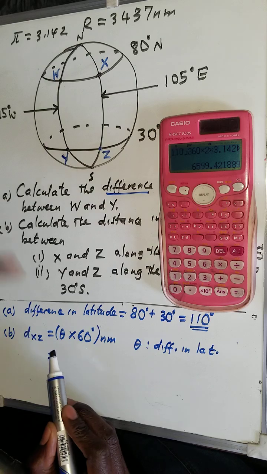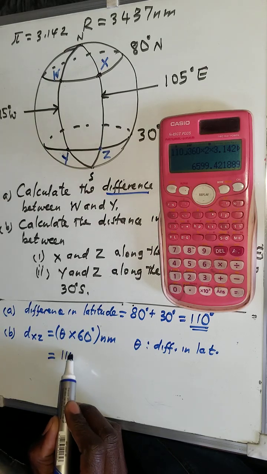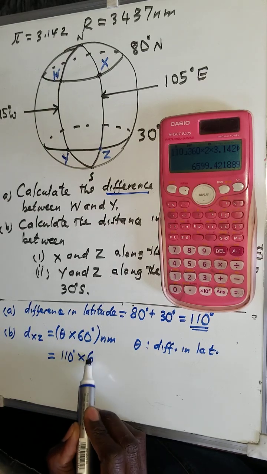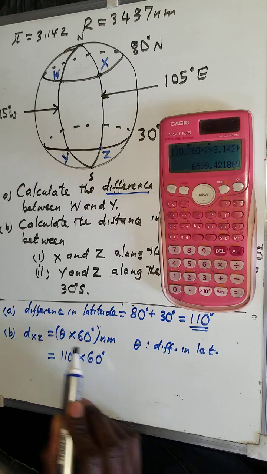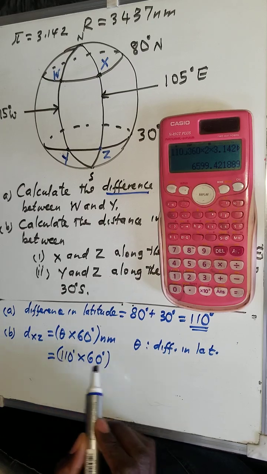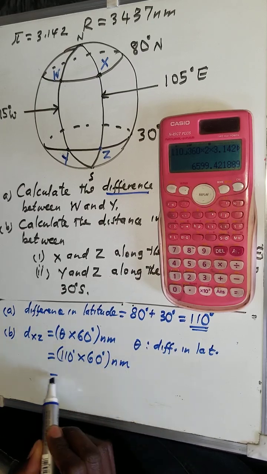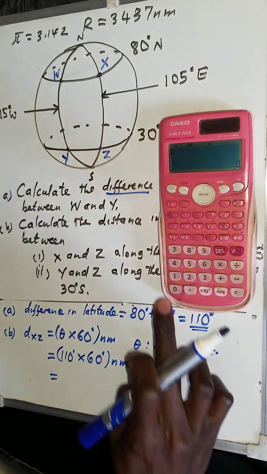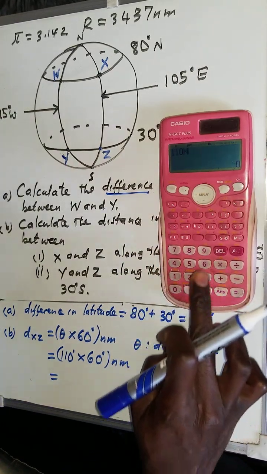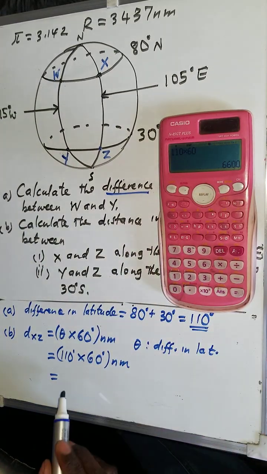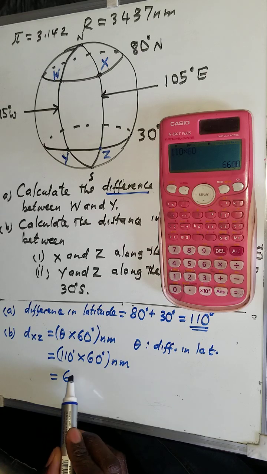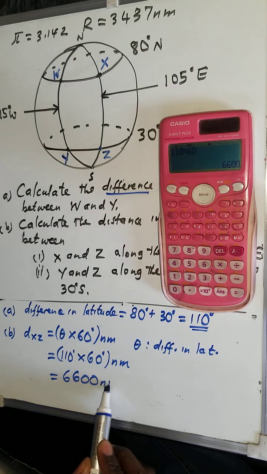Remember, that is what we called 110. So it will be 110 degrees. We just multiply by 60 degrees. Remember, this is only applicable because the distance is going to be in nautical miles. So let's try to calculate that. 110 multiplied by 60 is giving me 6,600 nautical miles. So you can see that this is very easy.